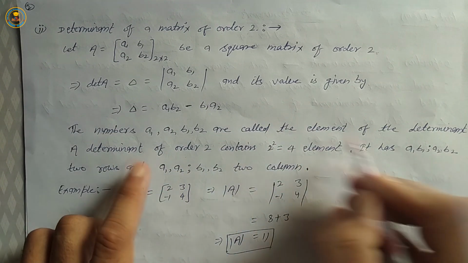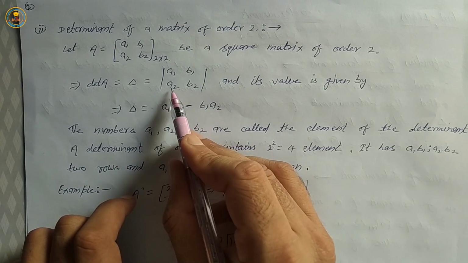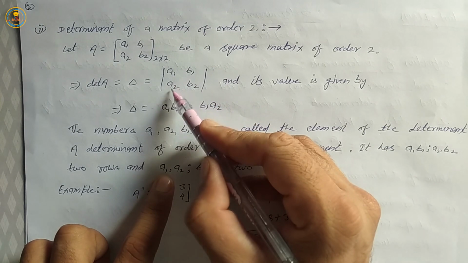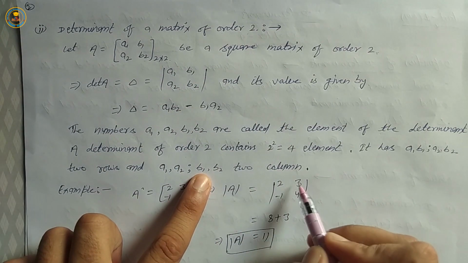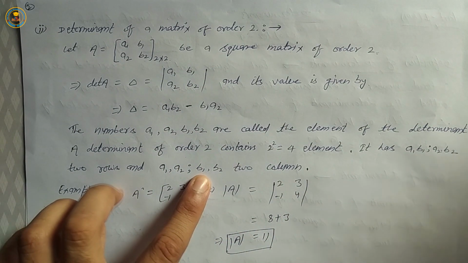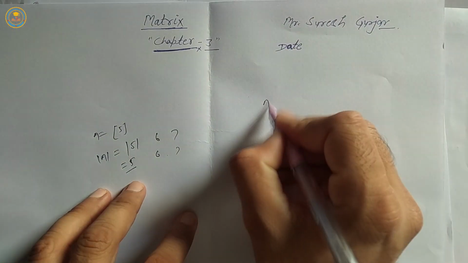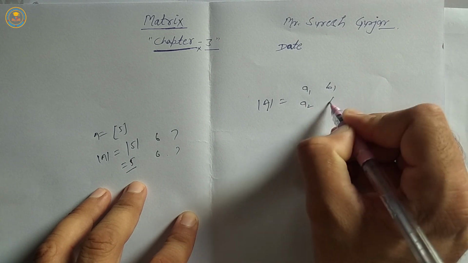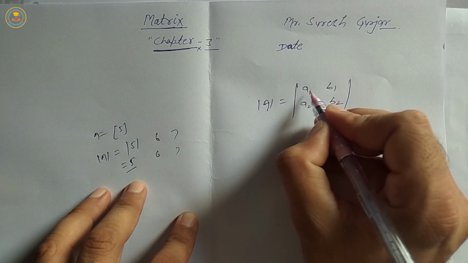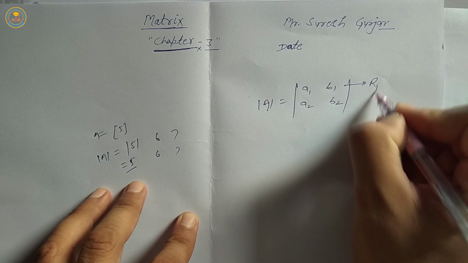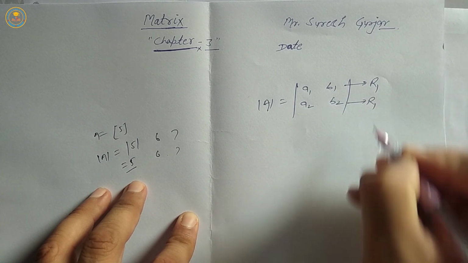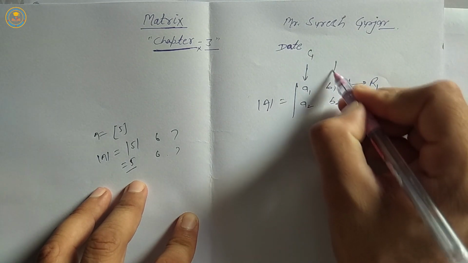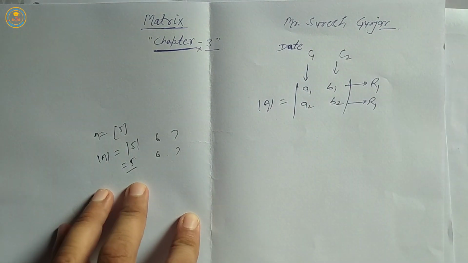It has a1, b1, a2, b2, two rows, and a1, a2, b1, b2, two columns. a1, b1 is the first row, a2, b2 is the second row. a1, a2 is the first column, b1, b2 is the second column.